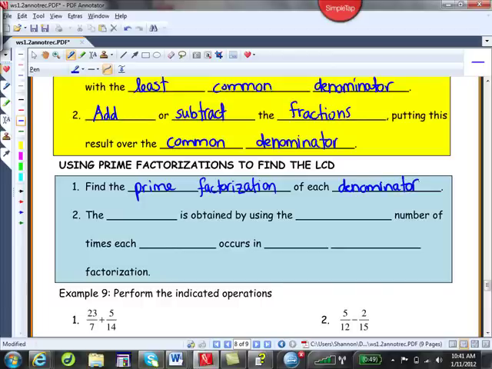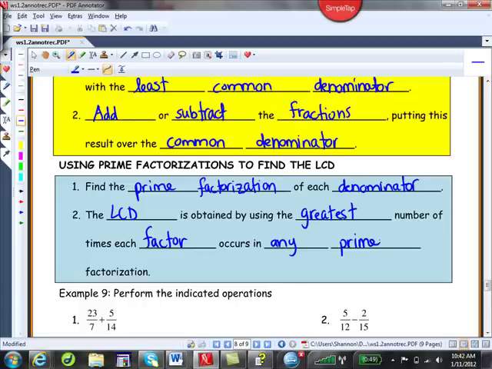The LCD is obtained by using the greatest number of times each factor occurs in any prime factorization.